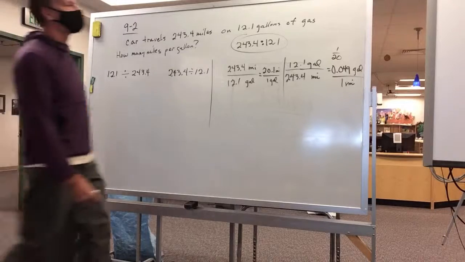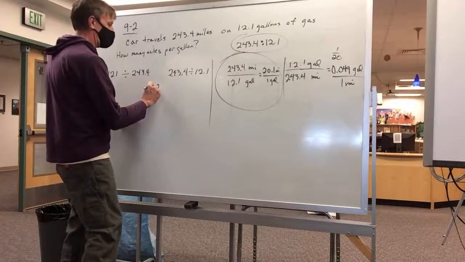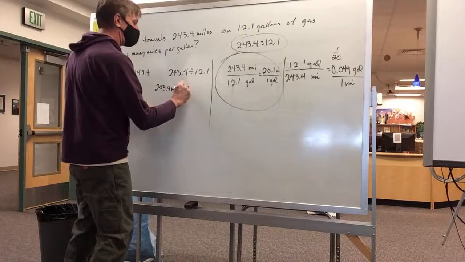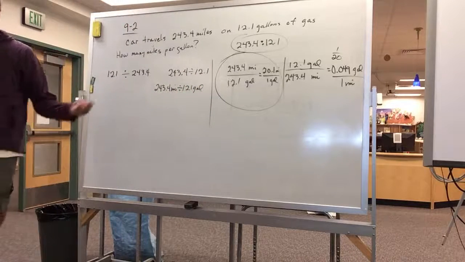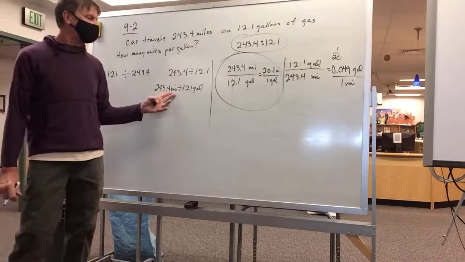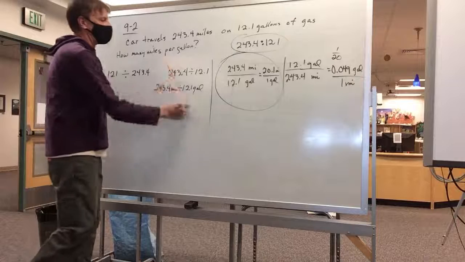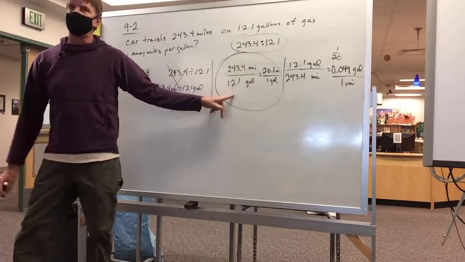So this is what we're looking for here. If we write it like this, then we have 243.4 miles divided by 12.1 gallons. And we end up having to decide how to write the miles and the gallons in our answer. So, with the work that we're doing in this lesson, this is not what we're looking for. This is what we're looking for.